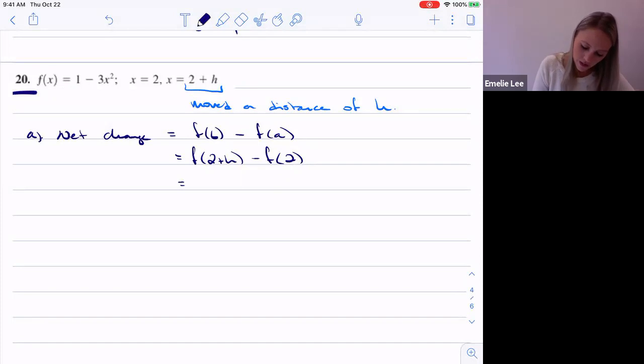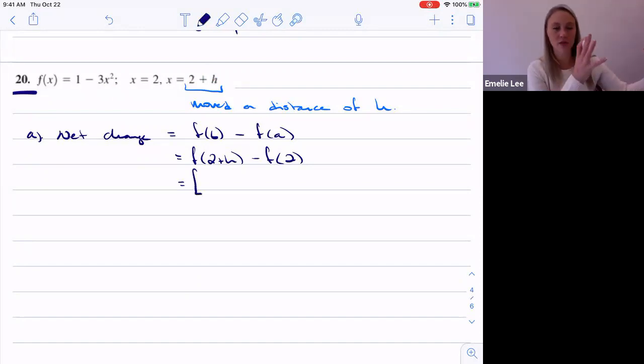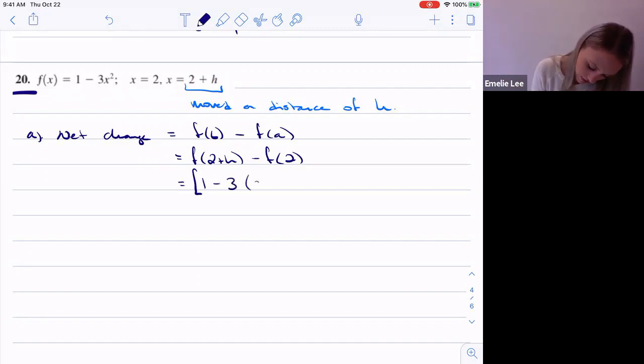So f of 2 plus h, wherever I see an x, I'm going to plug in 2 plus h, right? And I'm going to highlight that these are two different functions that I'm subtracting from each other by these square brackets. So 1 minus 3 times 2 plus h squared, minus, square bracket again, 1 minus 3 times 2 squared.